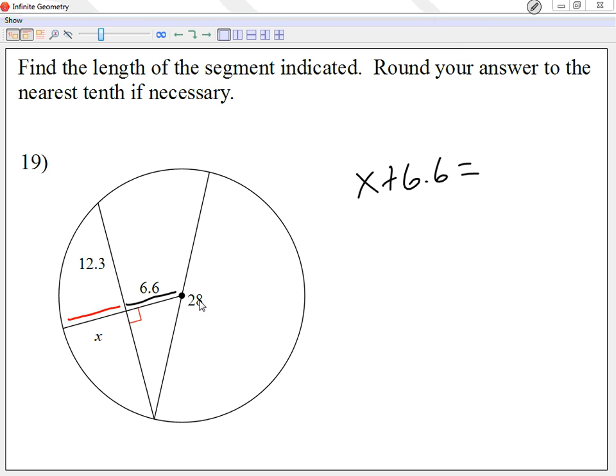Then I'm going to use this 28 for that. I know the whole diameter is 28, so if you break it in half, this is 14, this is 14, so the radius is 14. Now we can work for x. Right, x plus 6.6 equals 14. So 14 minus 6.6 gives us what? 7.4?